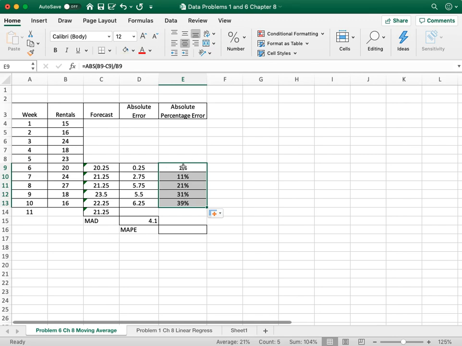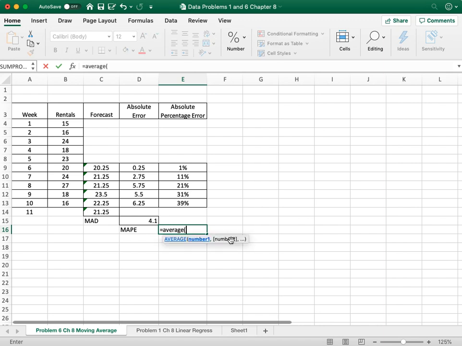Here I have the other results, and then I can do the average. Okay, and then this is my average, right? It's 21%. So what I can see here is, this forecast method, that's the mean absolute percentage deviation, right?